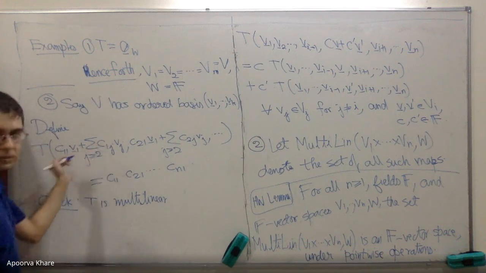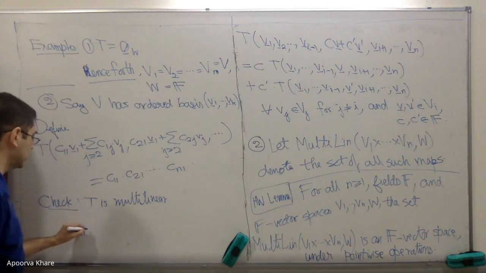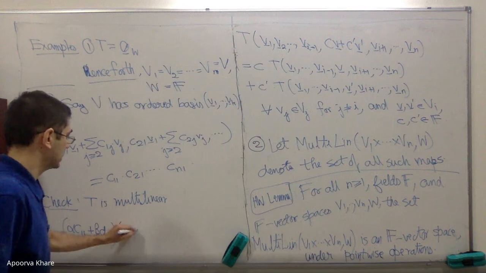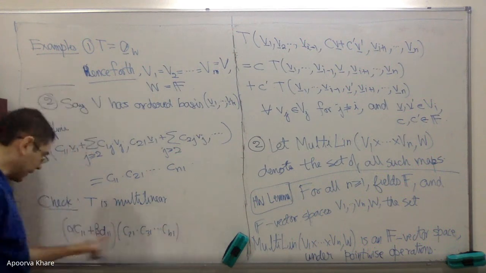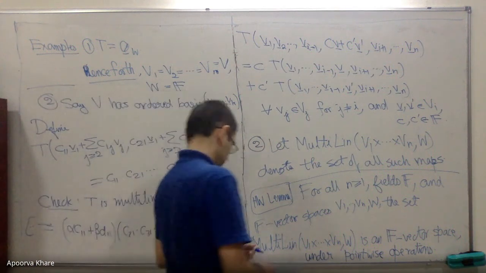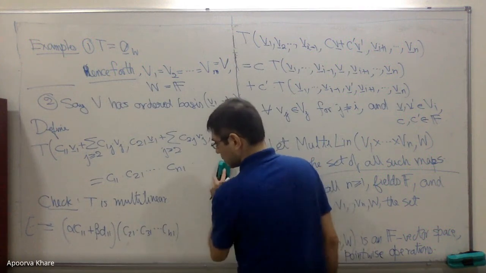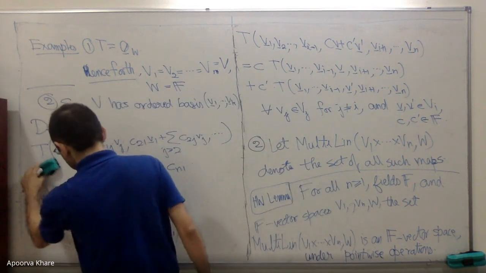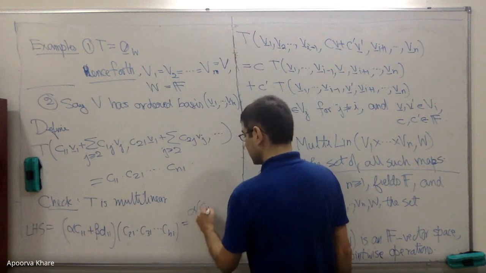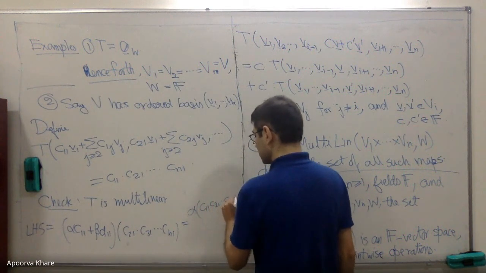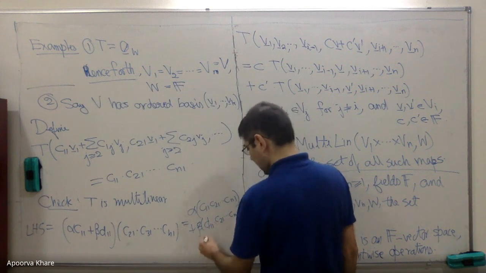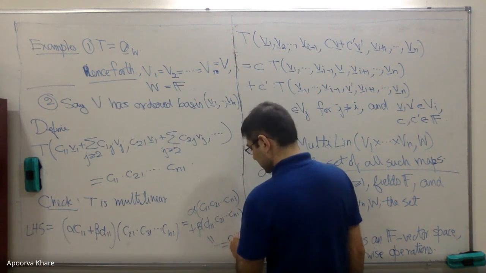So you can say alpha times this plus beta times that, but what you will basically get is alpha c11 plus beta, let's say d11, times c21 times c31 up to cn1. And that is indeed equal to, so you would have to check that the left hand side, if you took a linear combination, would equal this thing, but on the other hand, this is alpha times c11, c21, dot dot cn1 plus beta times d11 times c21, cn1, and that is equal to the right hand side.